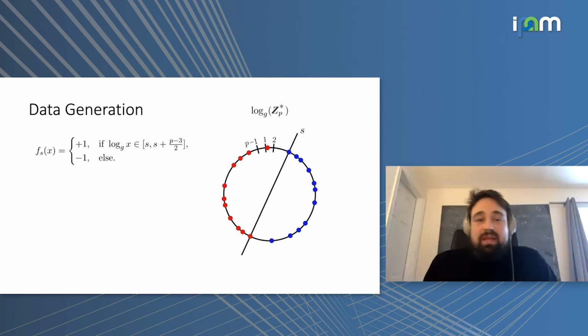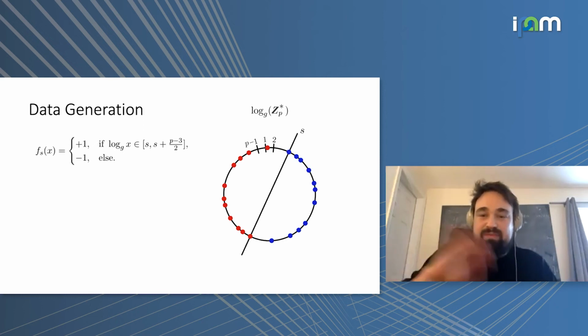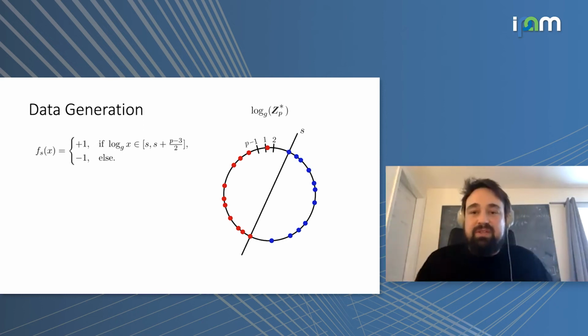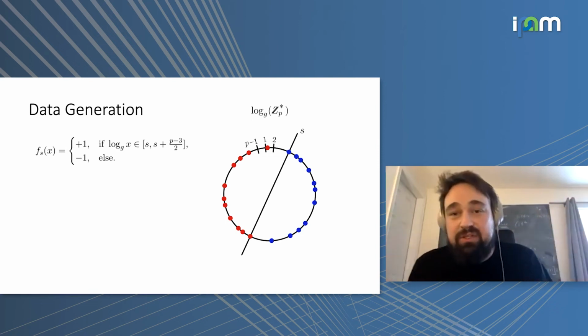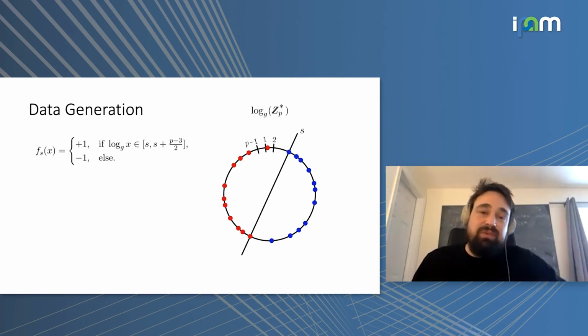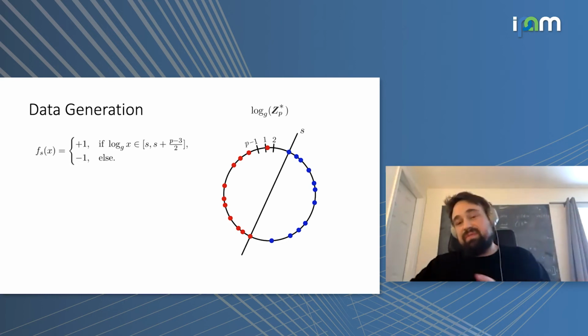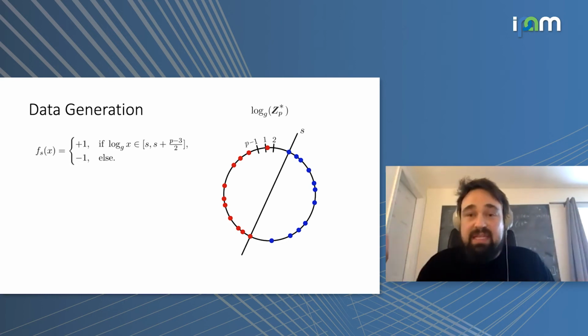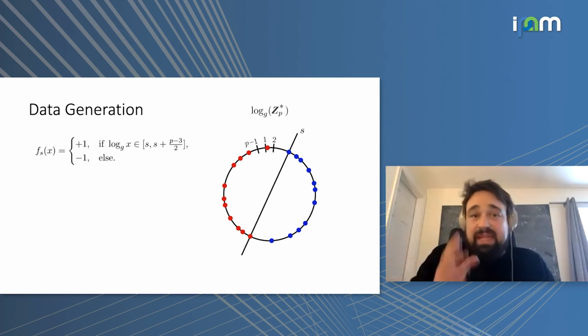Okay, so one data set: if you just look at Z star P in log space, and you draw a line through it, you separate it into two sets. You assign a +1 label if log_g x lies in the left side of the set, or a -1 label otherwise. That's in principle a pretty easy learning problem.